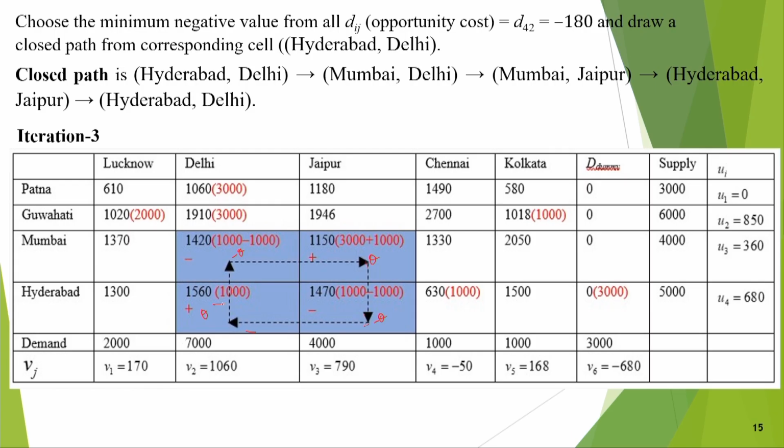So that's why I have written 1000 in the Hyderabad Delhi cell, and then this becomes 1000 minus 1000, this becomes 3000 plus 1000, but this also becomes 1000 minus 1000. So two cells become empty simultaneously. It is better to empty only one, and retain one as a zero basic variable.